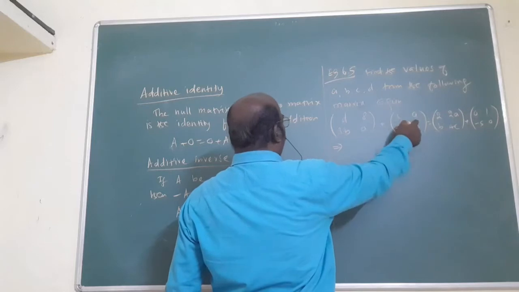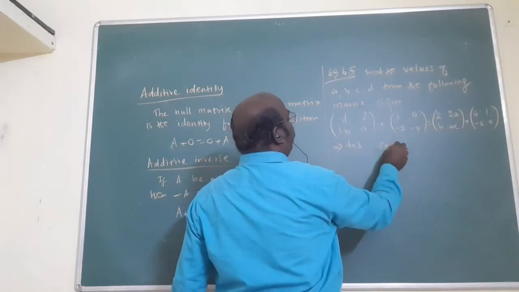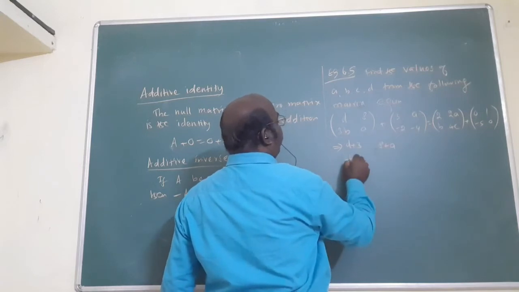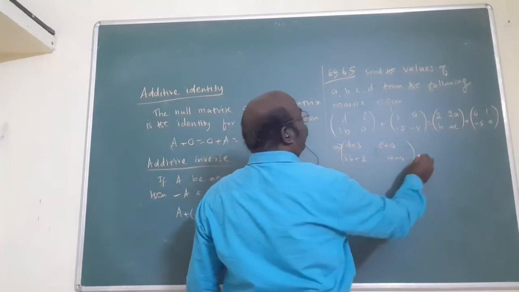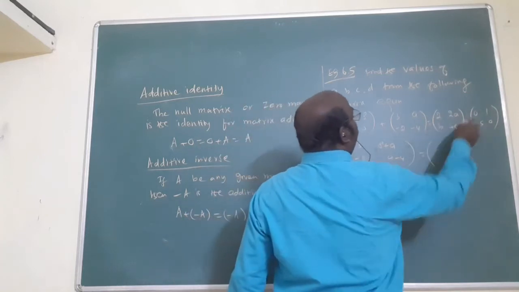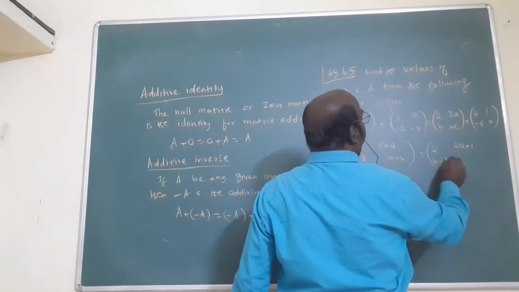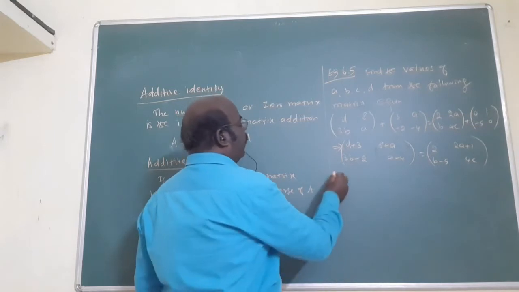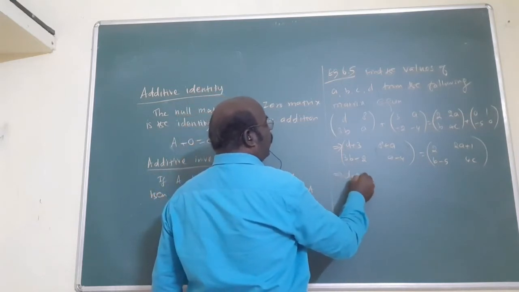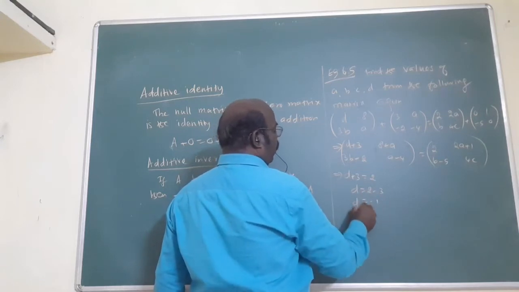Adding both, 2 plus 2, B plus 3, 8 plus A, 3B minus 2, A minus 4, equal to 2 plus 0, 2A plus 1, B minus 5, 4C plus 0, 4C plus 3. Now equating corresponding elements, D plus 3 equals 2, so D equals 2 minus 3, that is minus 1. This is the first answer.